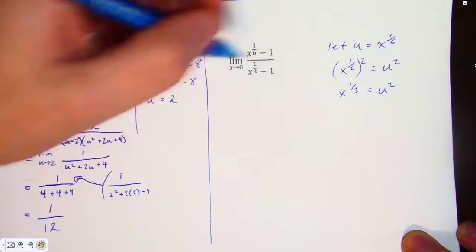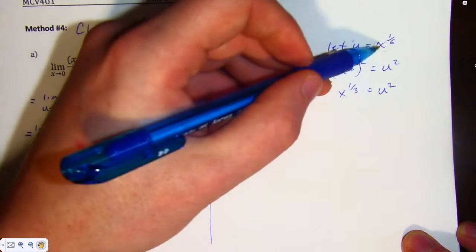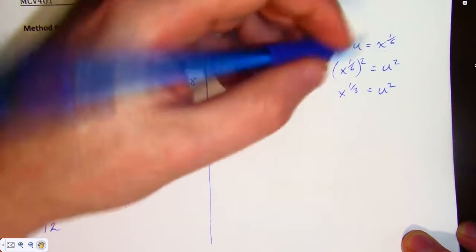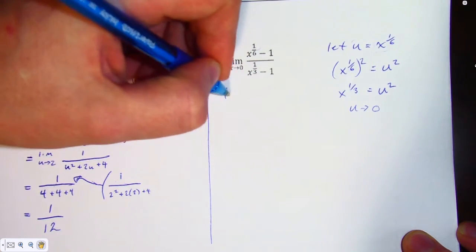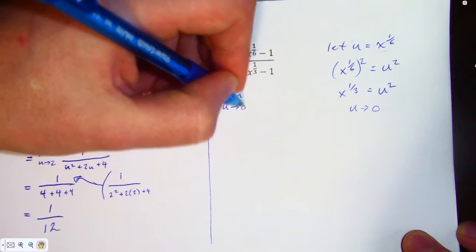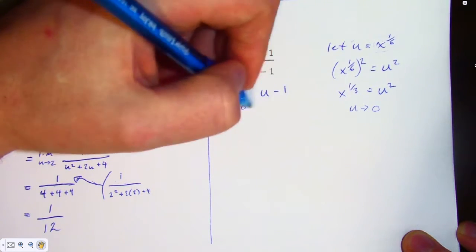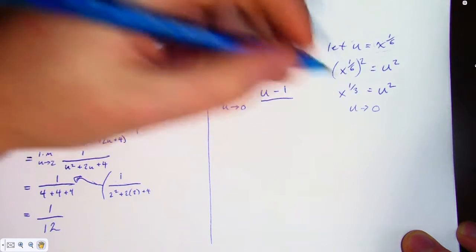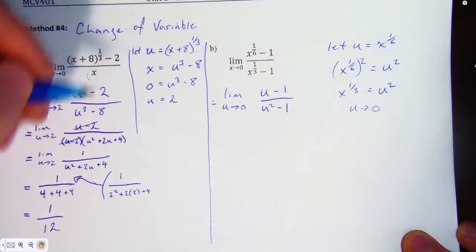The only thing left then is as x approaches 0, well, u is also approaching 0. So we're still looking at u approaches 0 here. And we've now got the limit of u minus 1 over u squared minus 1.